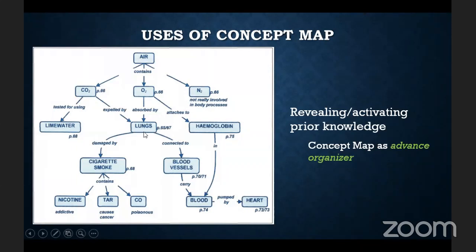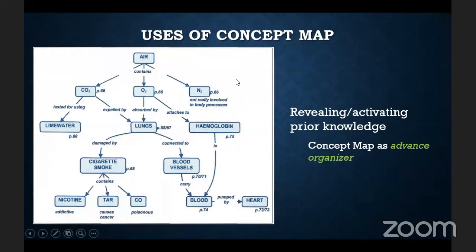Suppose you are going to teach the lungs in the classroom, and you assume that your students should have prior knowledge, like air contains carbon dioxide, oxygen, and nitrogen. Carbon dioxide is expelled by the lungs, and oxygen is absorbed by the lungs.